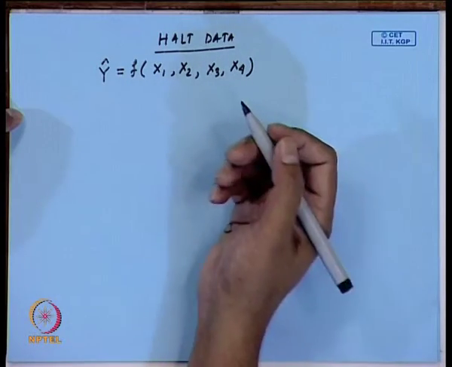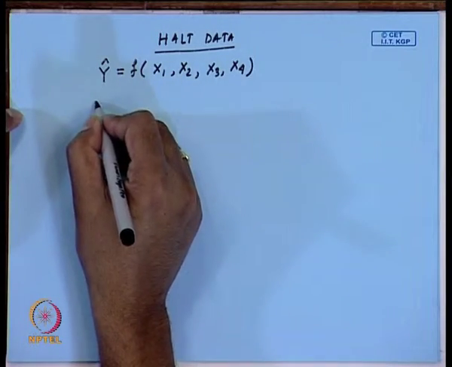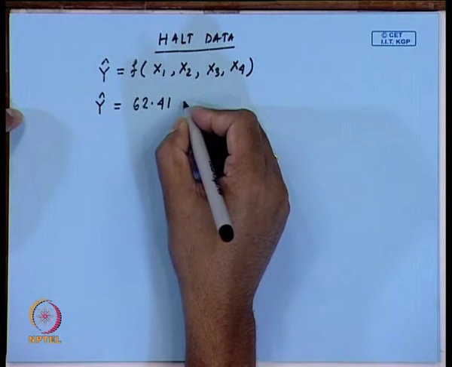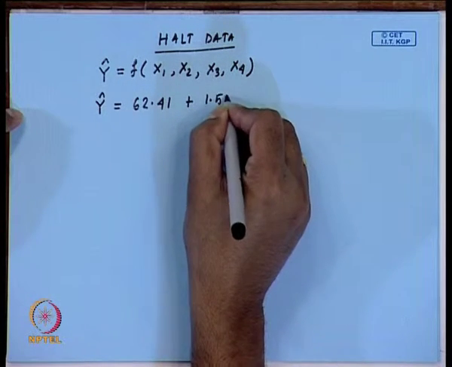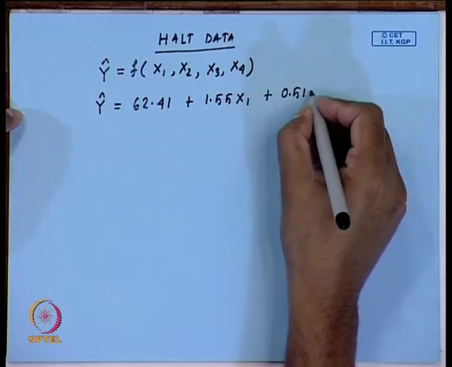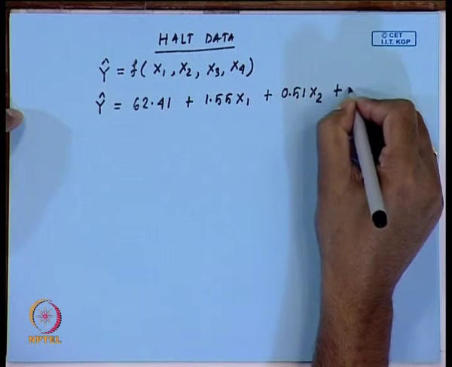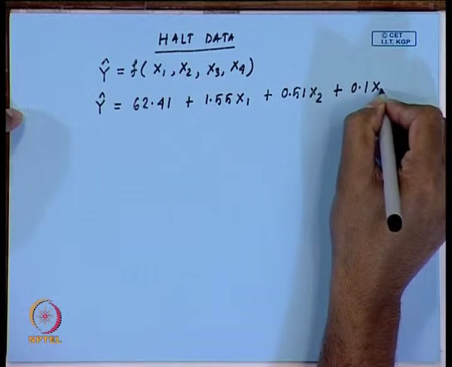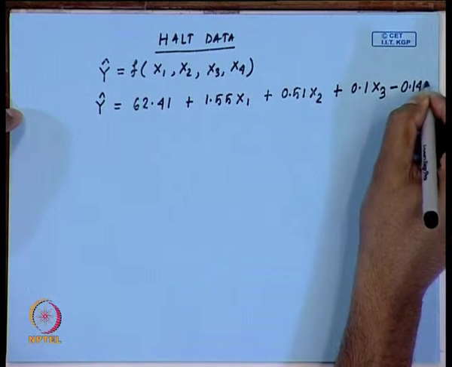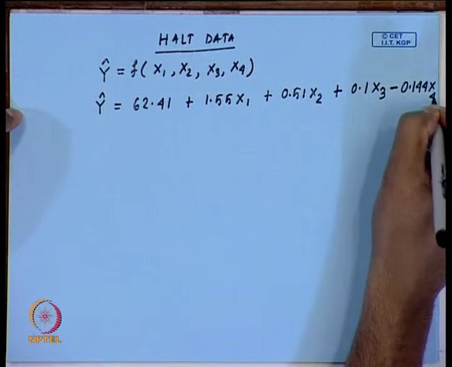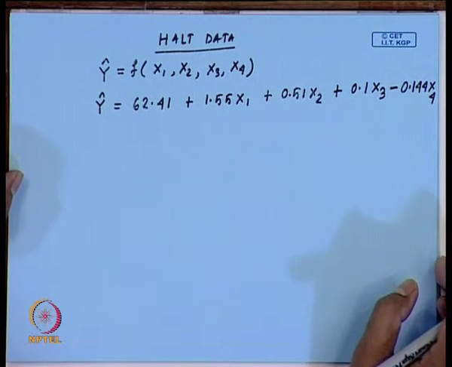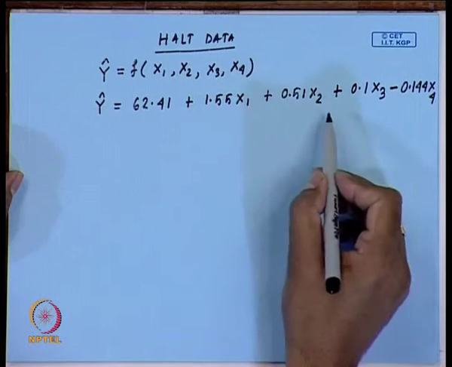That means, you fit the full multiple linear regression model, and the fitted model is y hat equal to 62.41 plus 1.55 x 1 plus 0.51 x 2 plus 0.1 x 3 minus 0.144 x 4.